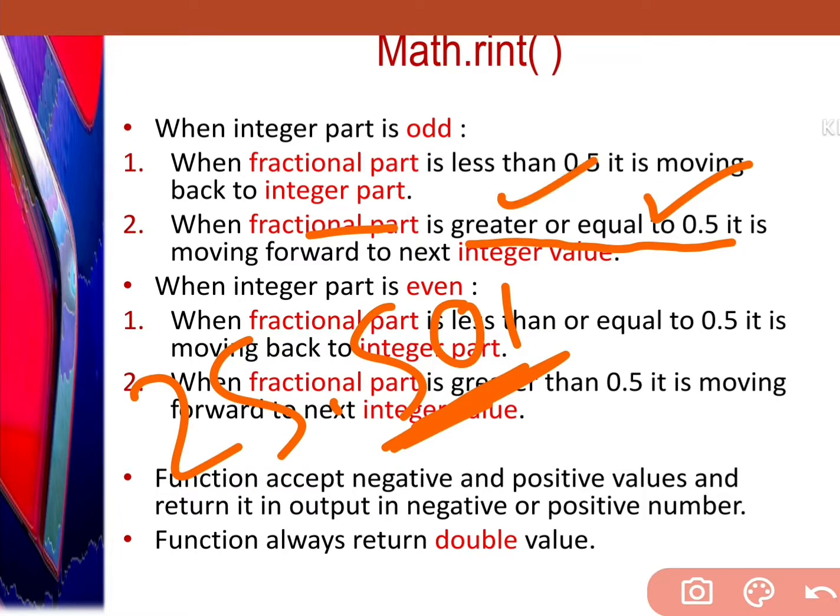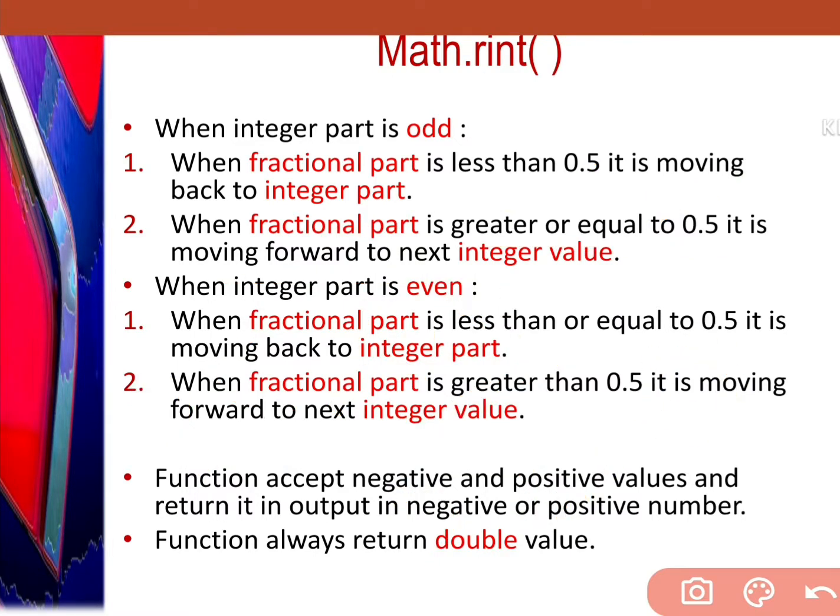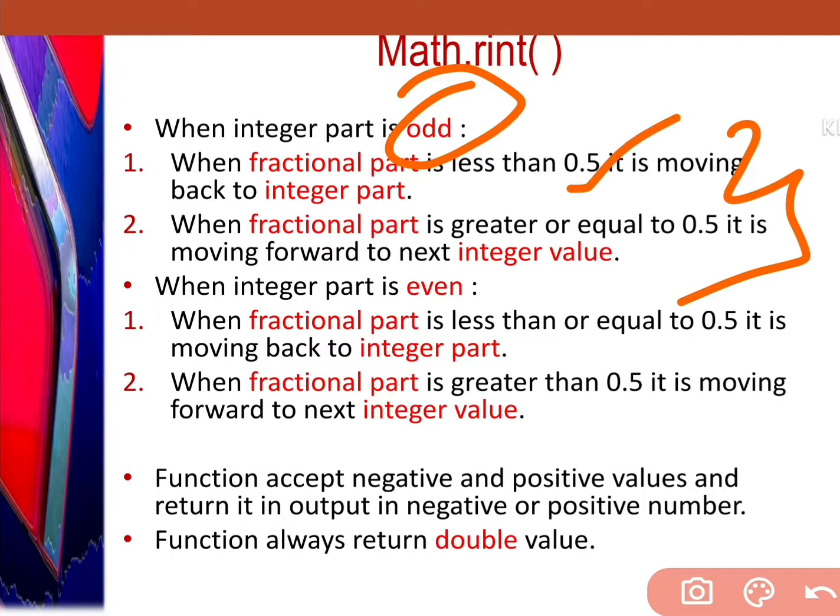That's why you have to move forward to the next integer, so you get 26.0. If you are talking about odd numbers, then you have to follow this rule. It doesn't matter whether the values are negative or positive. The rules are the same for negative and positive. Same rules you have to follow for int.